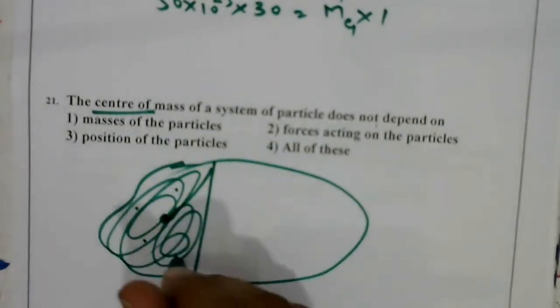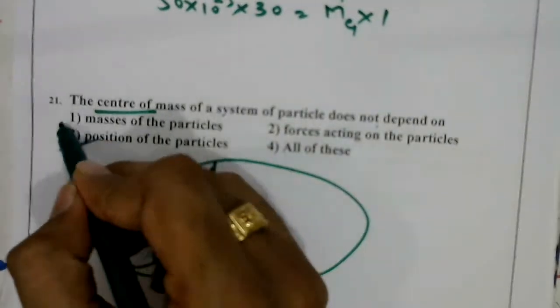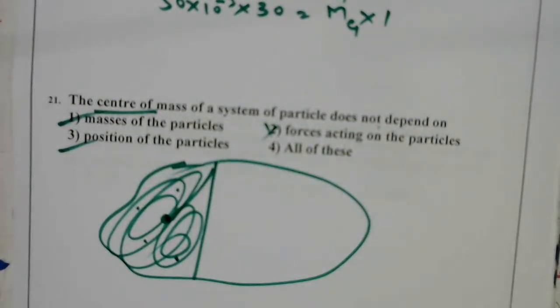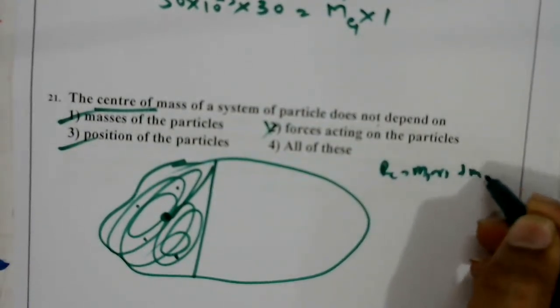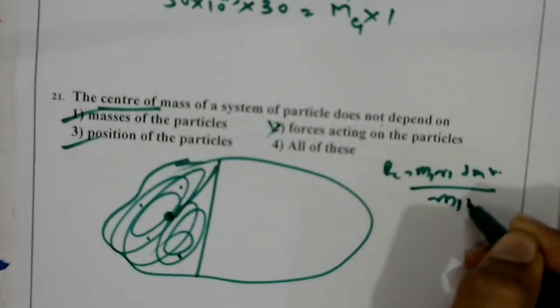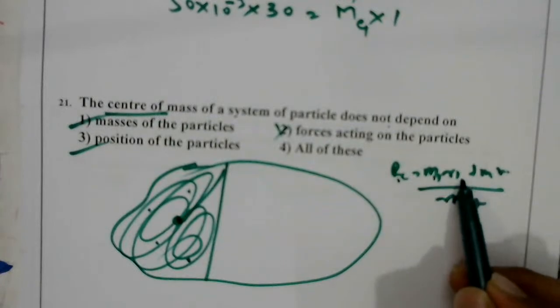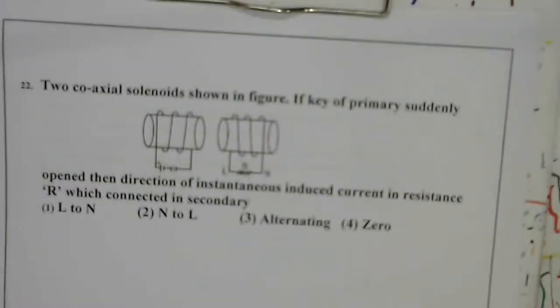It depends upon position of the particles and mass of the particles, and does not depend on forces acting on the particles. So RCM is equal to M1 R1 plus M2 R2 divided by M1 plus M2. You know this one. It depends on mass and position, does not depend on force. That's why that is the second option.